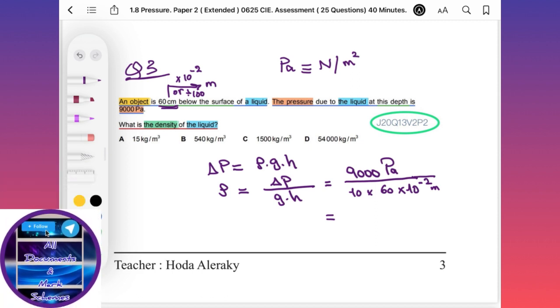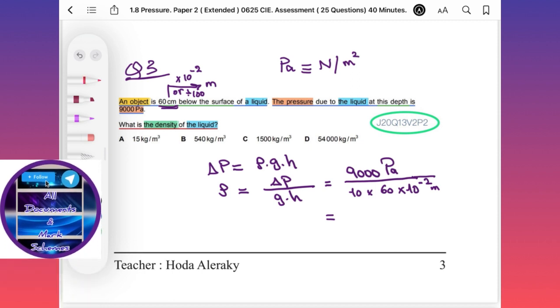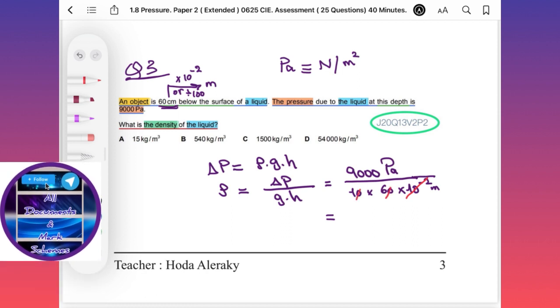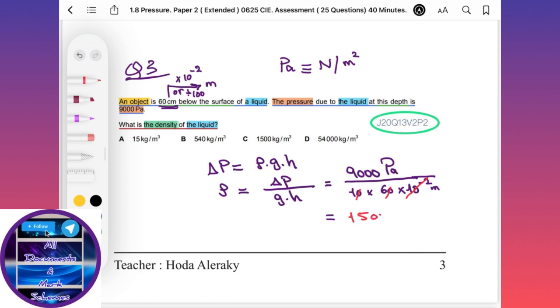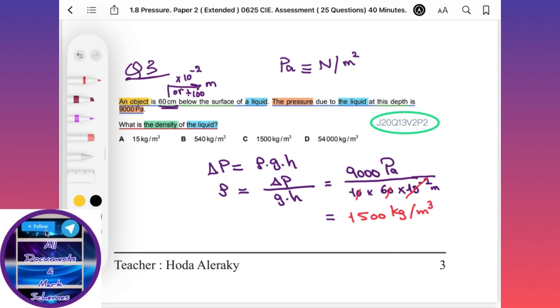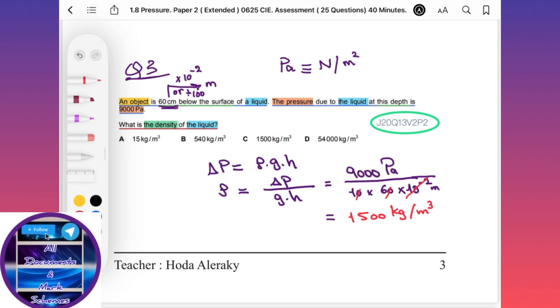So you can cancel out, and your answer will be 1500 kilogram per cubic meter. Your correct answer will be C.